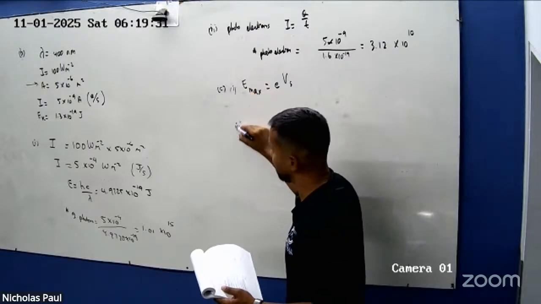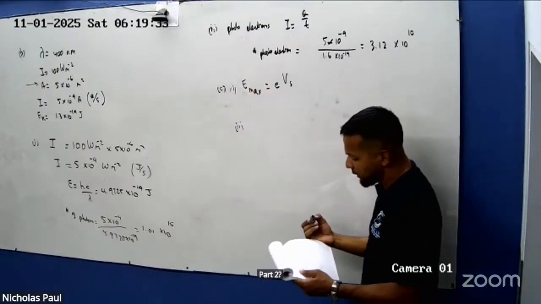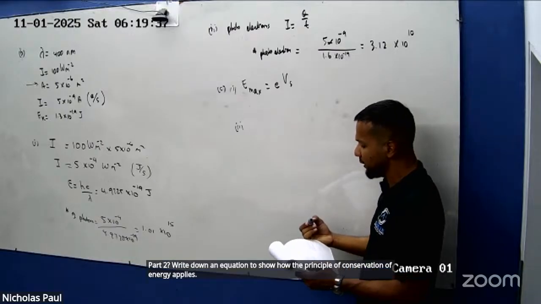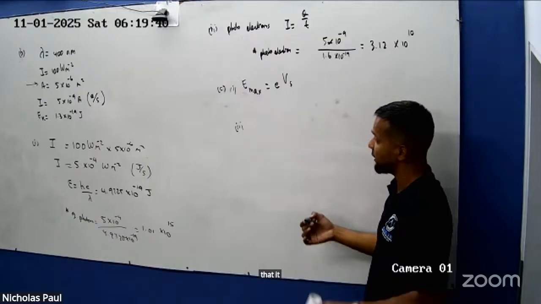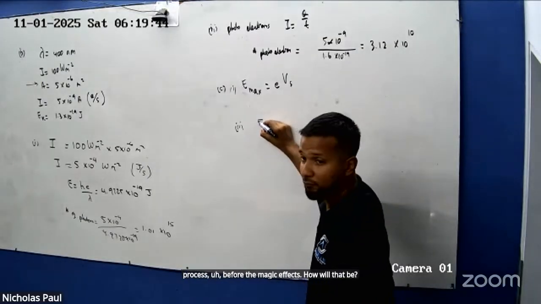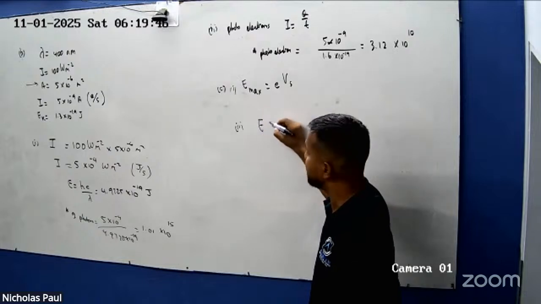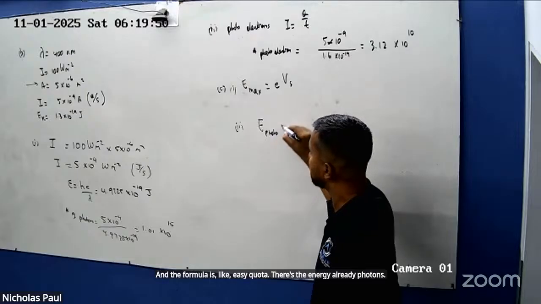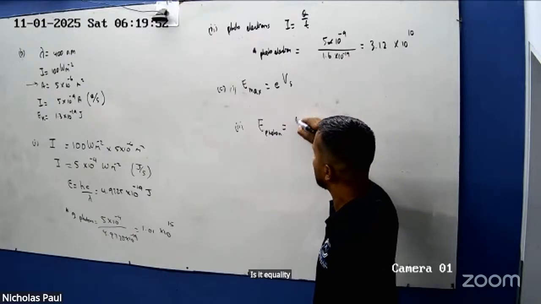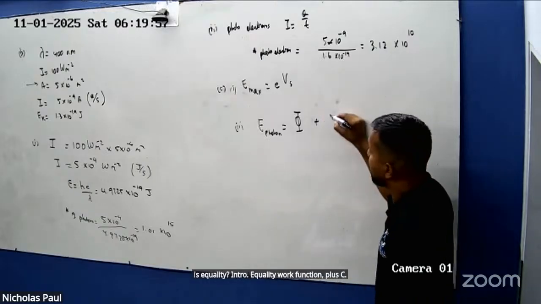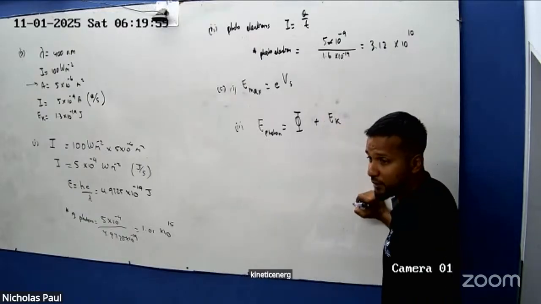Part 2. Write down an equation to show how the principle of conservation of energy applies to the process of the photoelectric effect. What will that be? The formula is what? The energy of the photon is equal to the work function plus the kinetic energy that the electrons leave with.